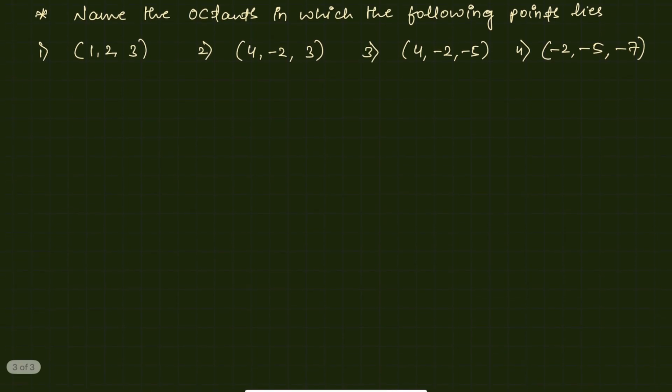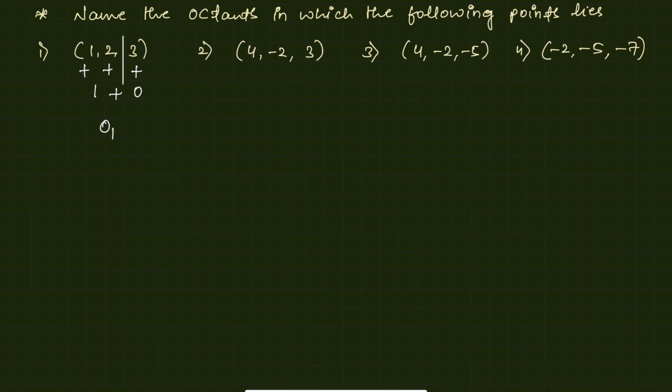Now I will consider some examples. Name the octants in which the following points lie. Here 1 comma 2 comma 3 is there. You divide this point into two parts. X is positive, y is positive, so it is possible in the first quadrant, and z is also positive. You add 0, so 1 plus 0 is 1. It belongs to the first octant.